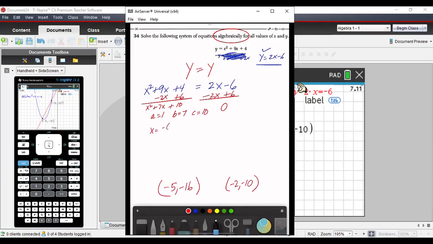And then we need to enter this. This will be negative 7 plus or minus the square root of 7 squared minus 4 times 1 times 10, over 2 times 1. Now, from here, we're just going to let the calculator take over.